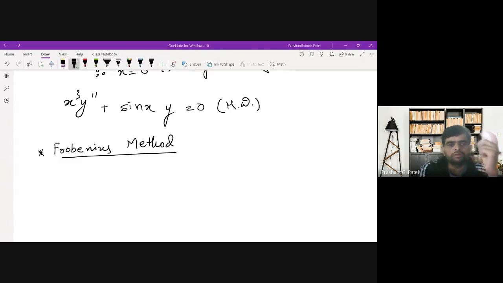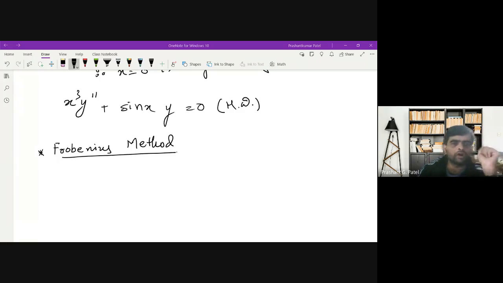So to solve a differential equation which has a regular singular point, we have a method called the Frobenius method. This Frobenius method gives you an idea of how to solve the second order linear differential equation.